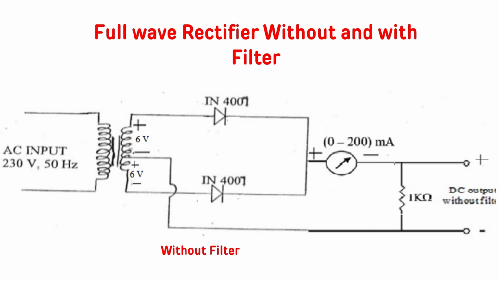These are connected to two PN junction diodes IN4007, connected to a 0 to 200 milliamperes ammeter, and a resistor is the output. The output can be collected through either a multimeter or a CRO. CRO means cathode ray oscilloscope.